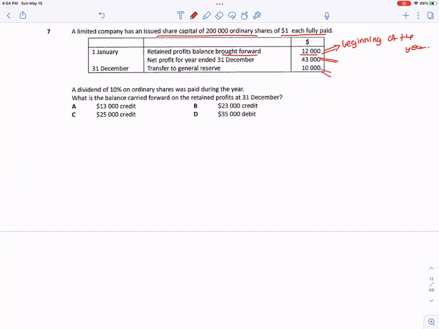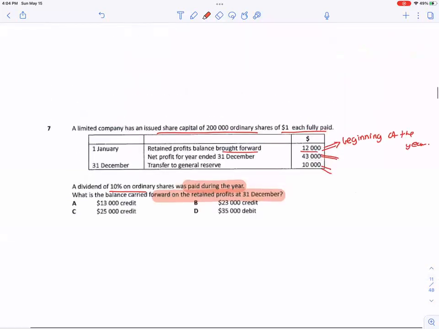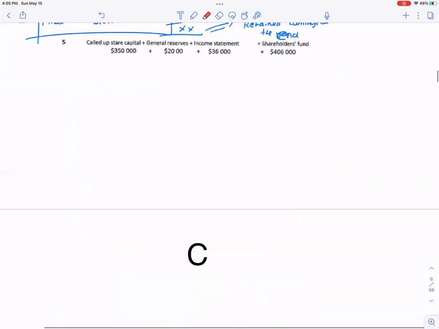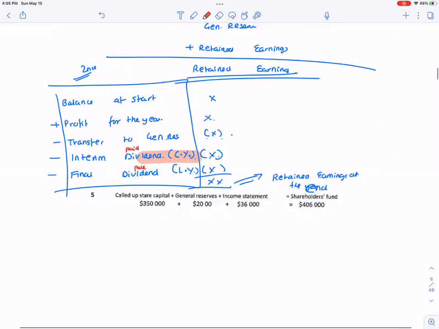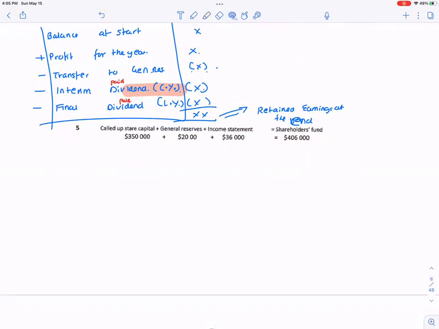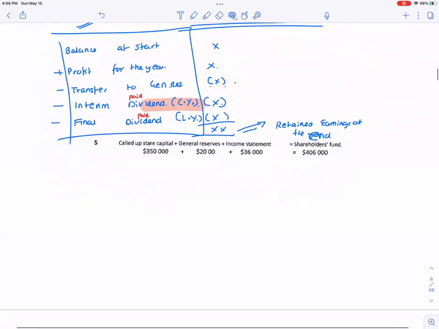This is transfer to general reserves. Dividend of 10% was paid during the year. So what do they want you to find? Retained earnings at the end of the year. I gave you the format right now, right? I gave you the format for retained earnings.